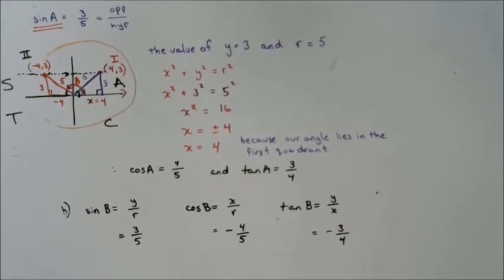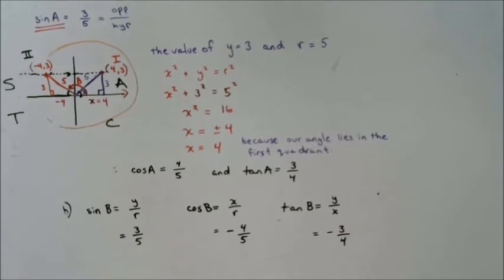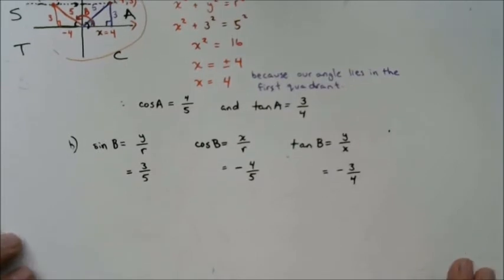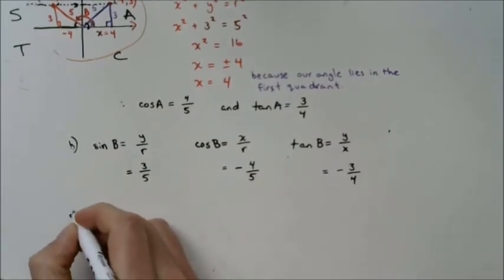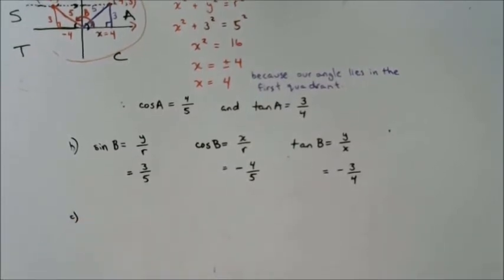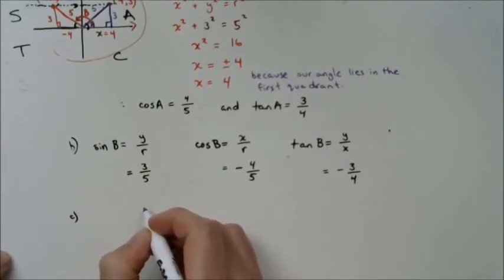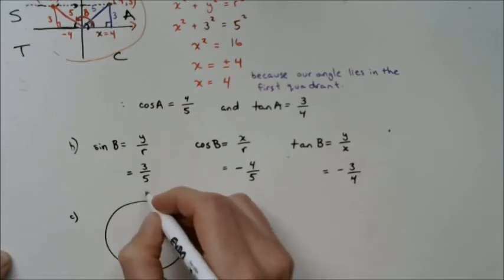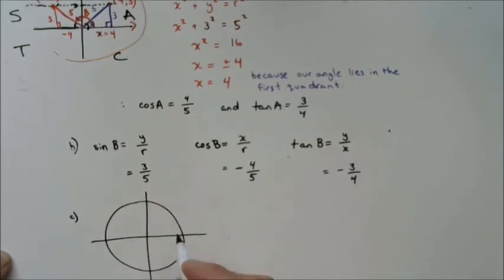All right, C. C says draw a diagram showing the locations of the two angles and determine how those angles are related. So we kind of already drew that diagram up here. If you haven't done that, or if yours is really cluttered, we'll go ahead and draw another little something down here. Basically what we have now is a circle. Okay, we have an origin.